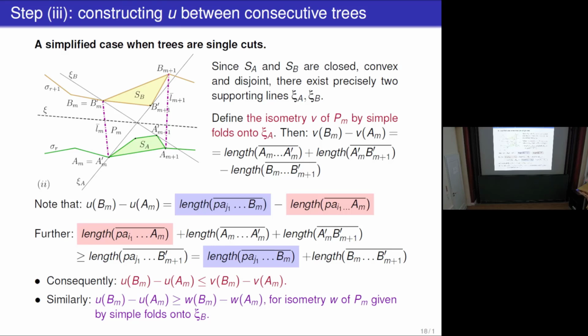Well, this is the length of the geodesic going on the top, from P up to B, minus the length of the geodesic going from P up to A, of course. So can I compare now this difference with this difference? Here comes the definition of the geodesic and the fact that those are two consecutive geodesics in my partial ordering.